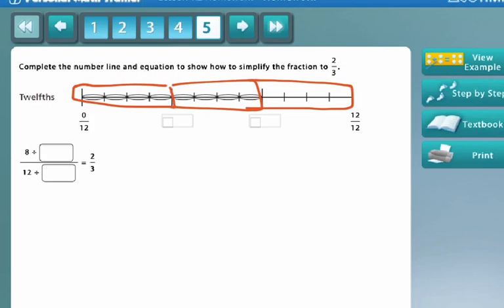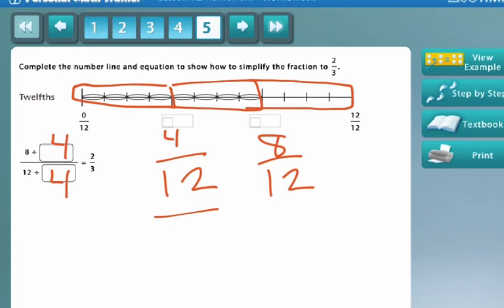So what you do to the bottom, you do to the top. 8 divided by what is equal to 2? 4. Since you divided the numerator, the parts, by 4, you also have to divide the denominator or whole by 4, giving you the equivalent fraction of 2/3. So your divisor in this case is 4/4. So 1/3 is equivalent to 4/12, and 2/3 is equivalent to 8/12 in this problem.